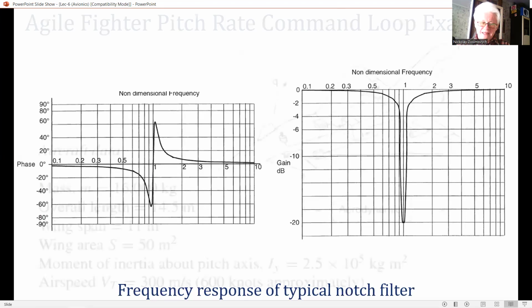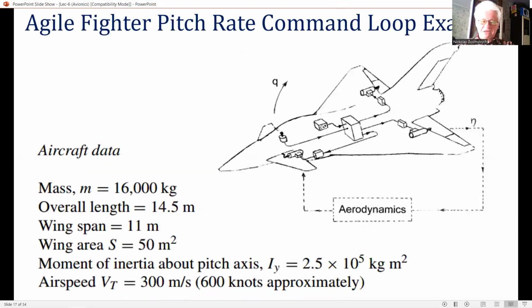The phase lag introduced by the notch filter at frequencies below the notch frequency has a destabilizing effect on the FCS loop. A worked example for a pitch rate command loop for a hypothetical FBW, fly-by-wire, agile fighter with a 12% negative, meaning unstable, static margin, is set out below.